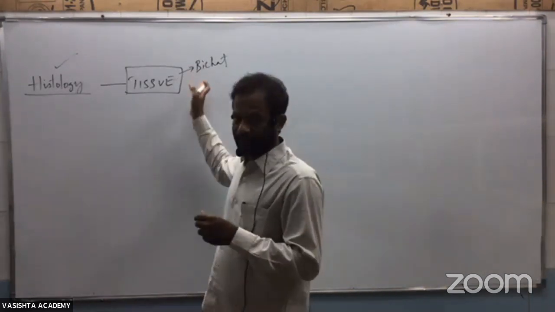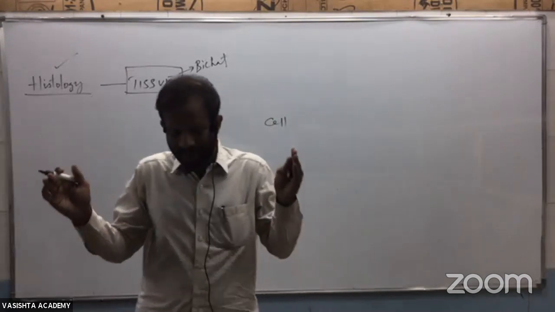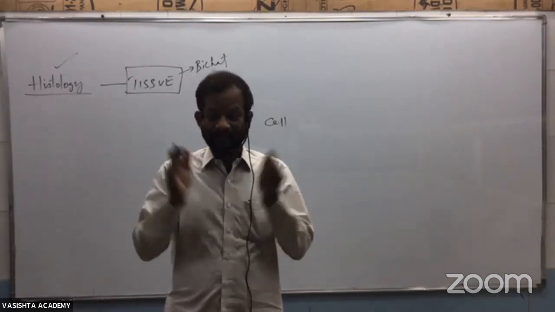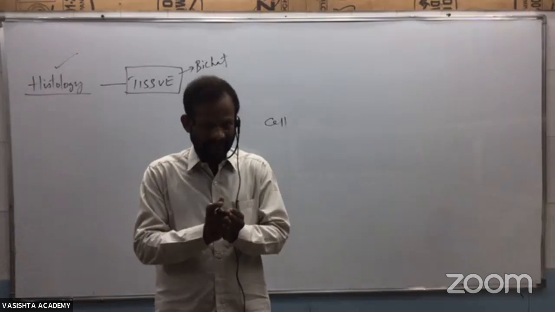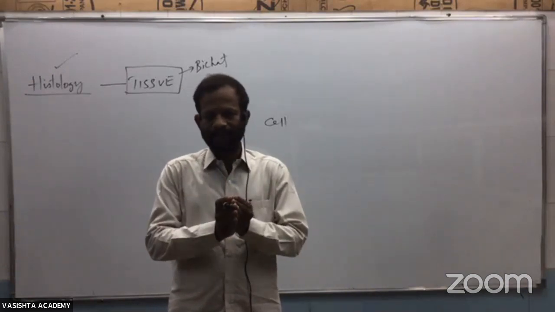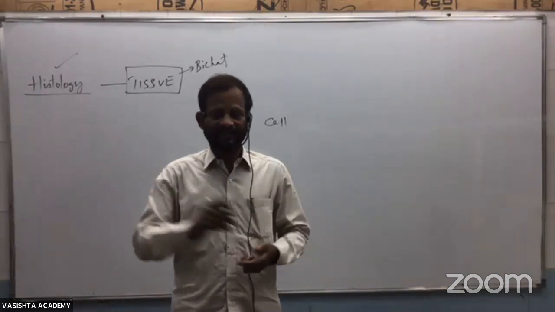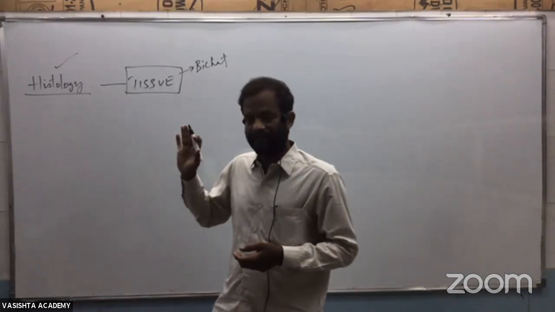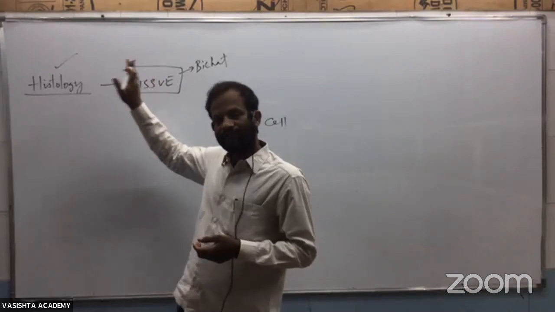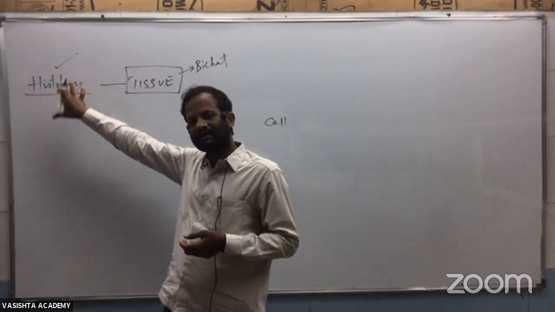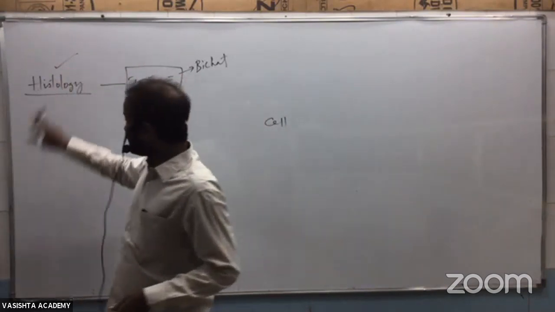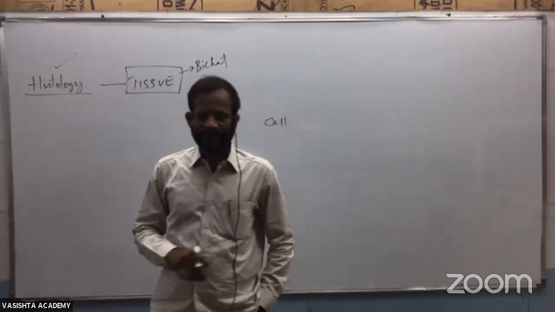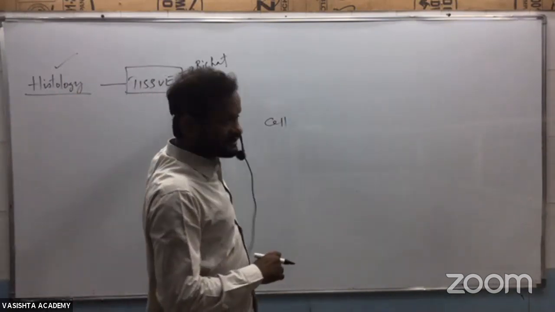Histology deals with tissue, meaning when a group of cells are united, combined, joined together, what type of characters they get, what type of functions they perform, everything related to tissues we can study under histology.